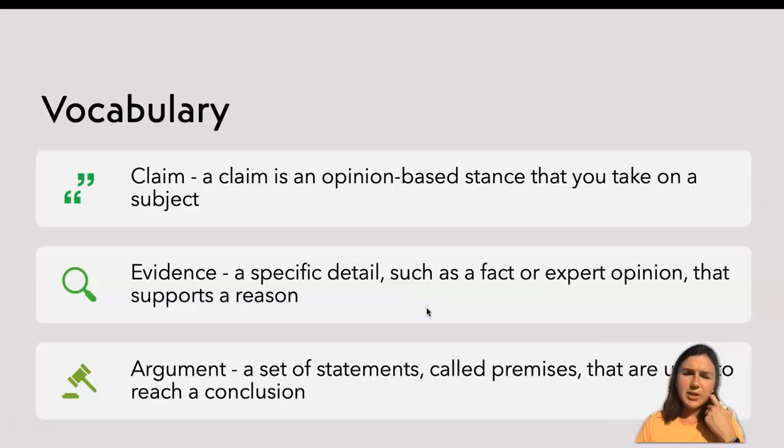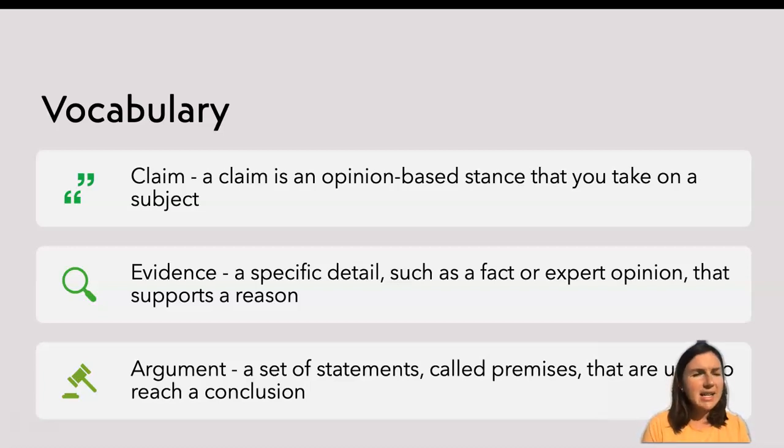It's really important to understand these vocabulary terms. A claim is an opinion-based stance that takes on a subject. So if you make a claim, you're saying the sunshine is healthy. That's a claim. Evidence is a specific detail or details, such as a fact or expert opinion, that supports a reason.